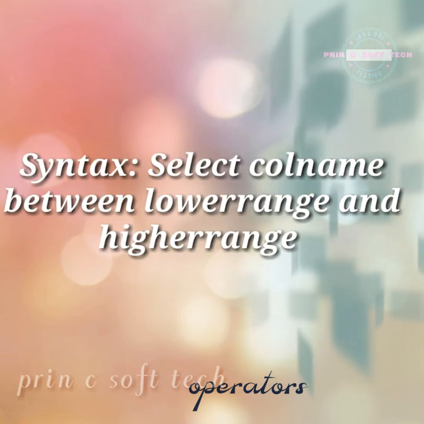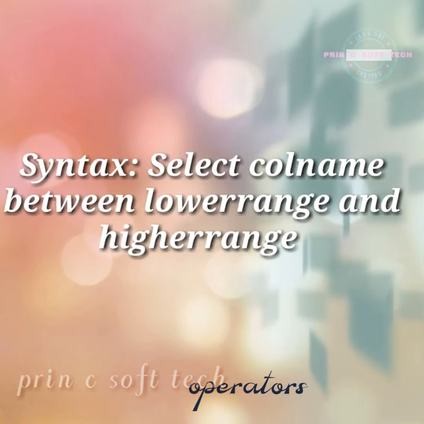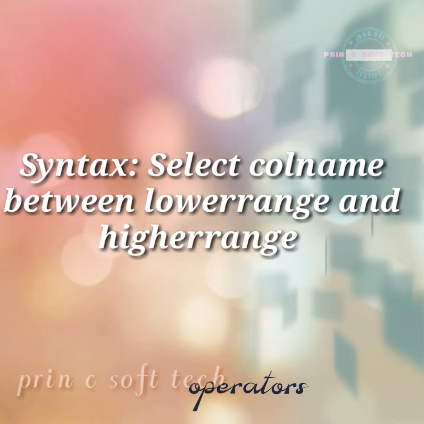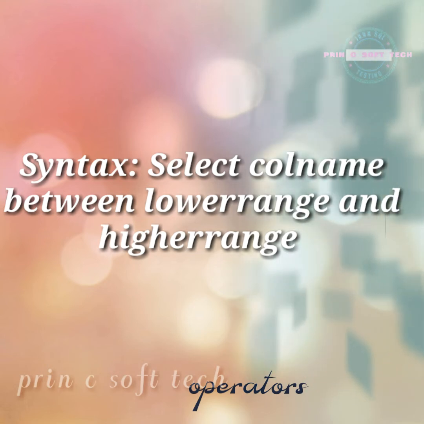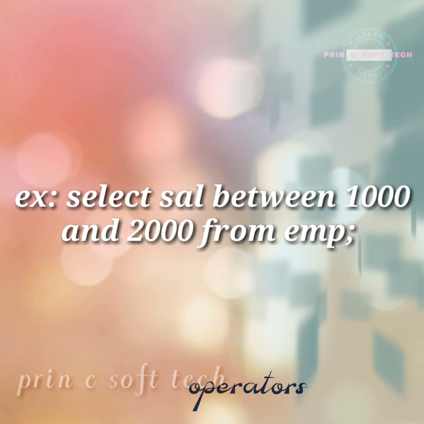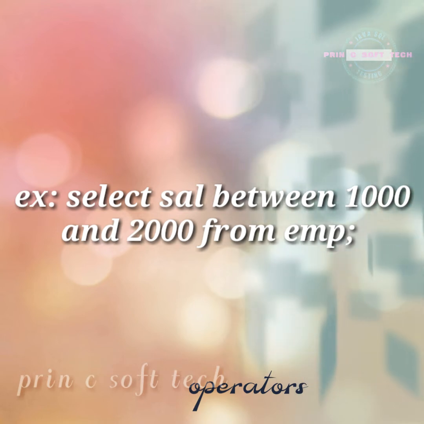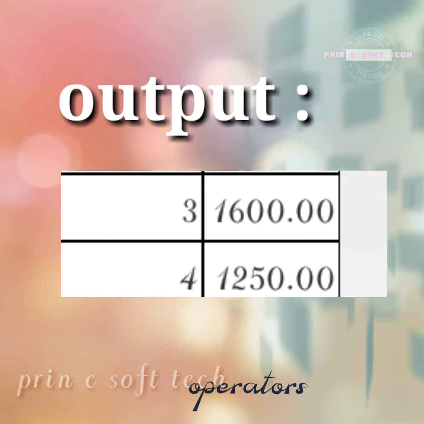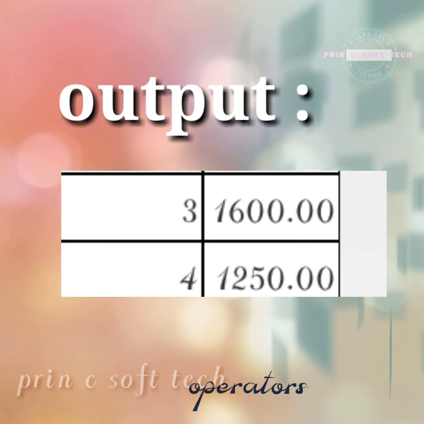The syntax for the between and operator is: select column name between lower range and higher range. Let's see one example. Select salary between 1000 and 2000 from the EMP table. Let's run the query, and the output given is this.